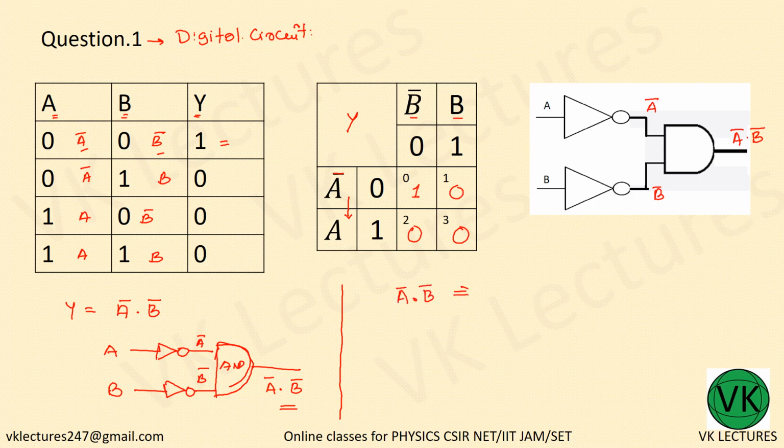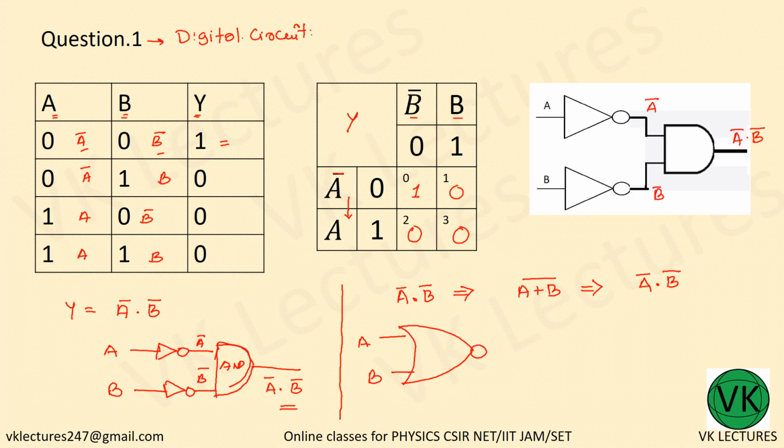Now here A plus B bar. What is A plus B bar? Applying De Morgan's theorem, we get A bar dot B bar. So instead of writing A bar dot B bar, you can also write A plus B bar, and that is an OR gate. So this is A, this is B, an OR gate with a negation, the NOT.